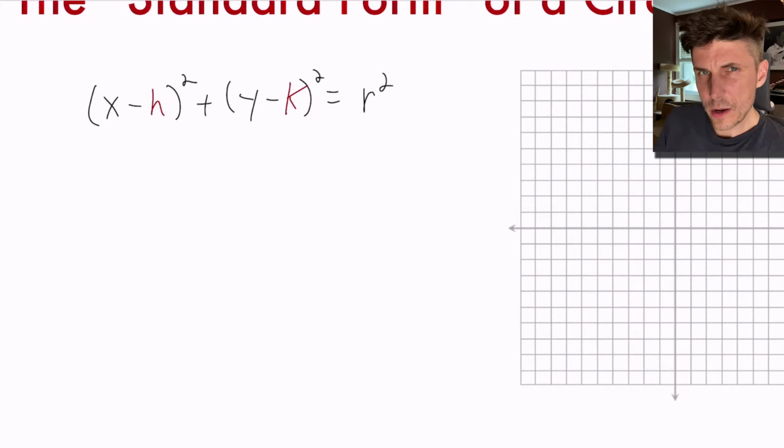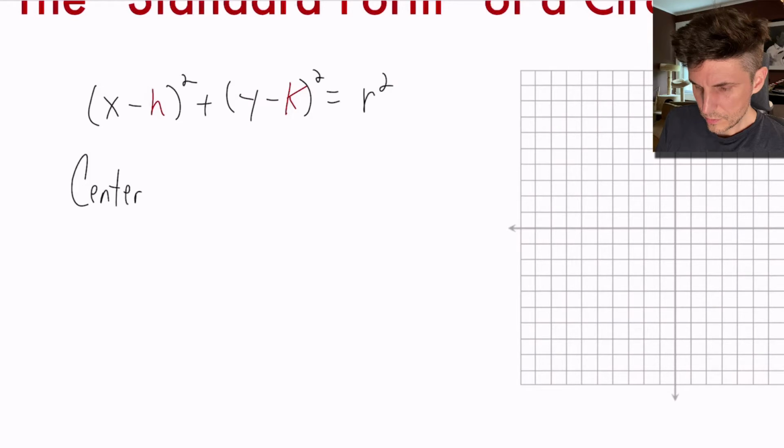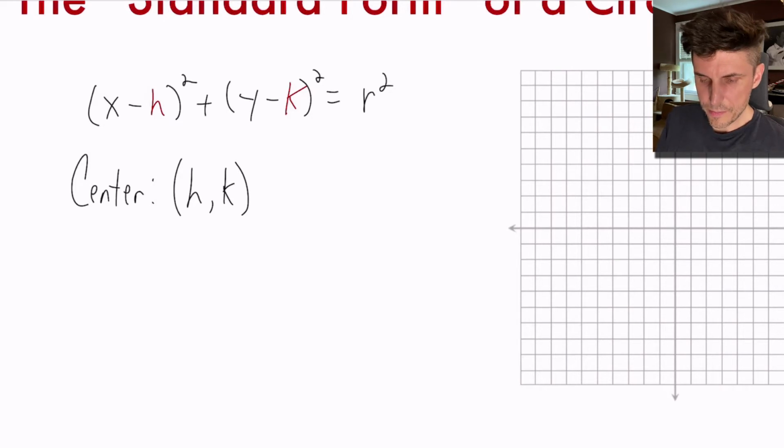The spot where I just used those red letters h and k represents your center. So this has a center at (h, k). You notice how it's minus h there? So you'd express a positive h in your center. Minus k, you would express a positive k.